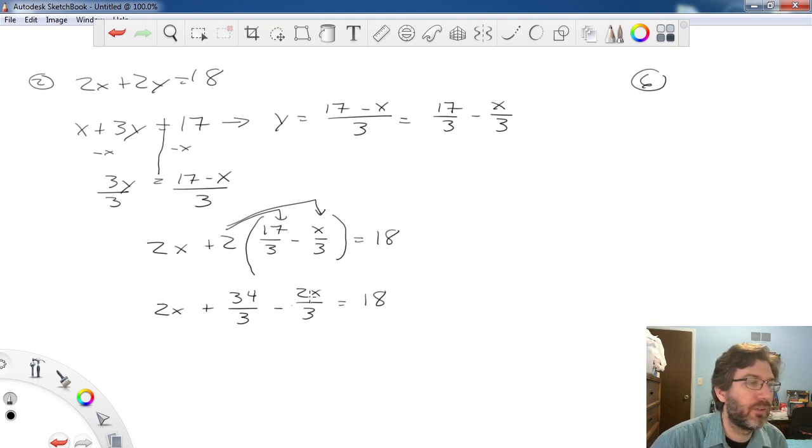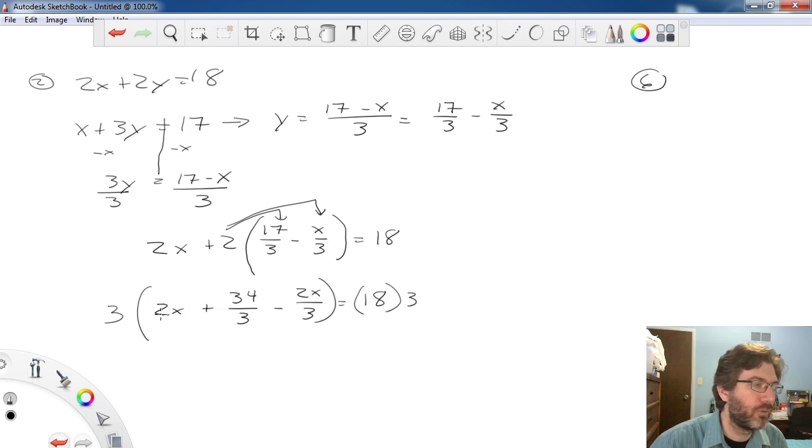Now, to get rid of this denominator, the best way to do it is just go through and multiply everything by 3. But if you're going to do it on this side, you're going to do it on this side as well. So think about, hey, we're going to group this all together, and we're going to multiply it by 3, and that's going to get rid of your denominator. But you got to multiply this side by 3 as well then.